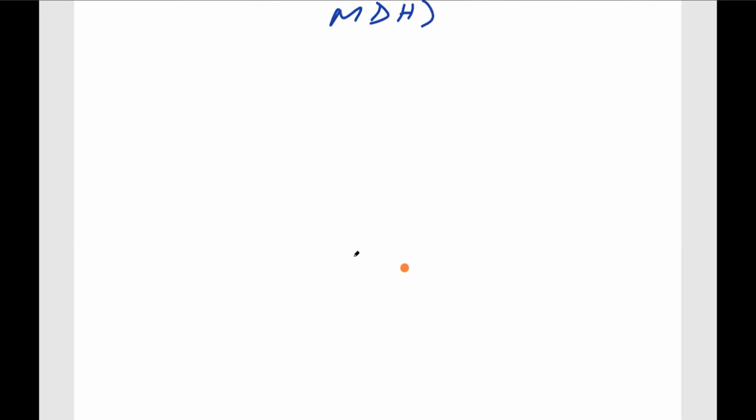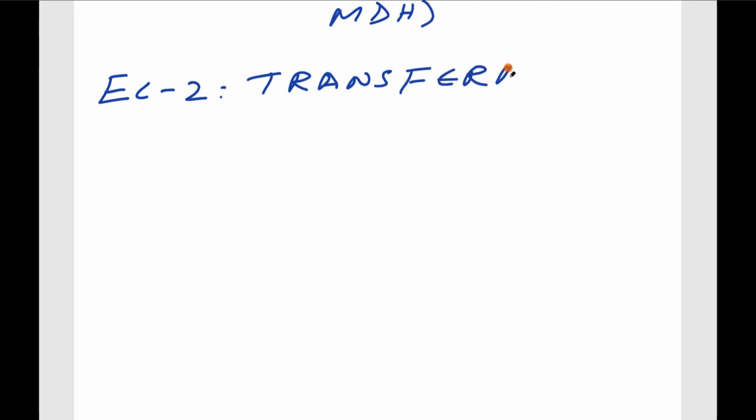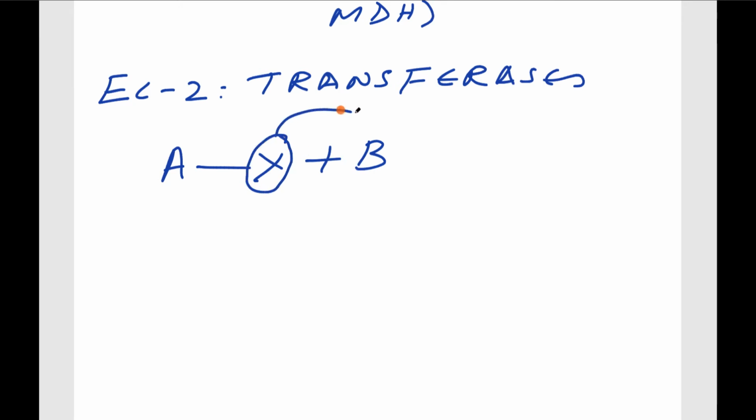Let us take up the second one, that is EC2. These enzymes are transferases. Here there is a group attached to one substrate, and this group is transferred to the other one. It is a group other than hydrogen, transferred to other substances.